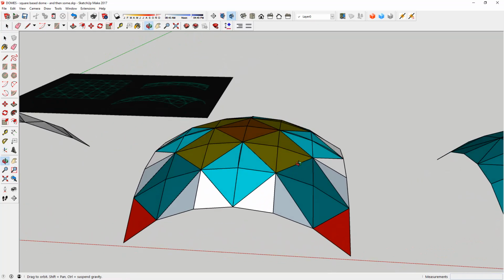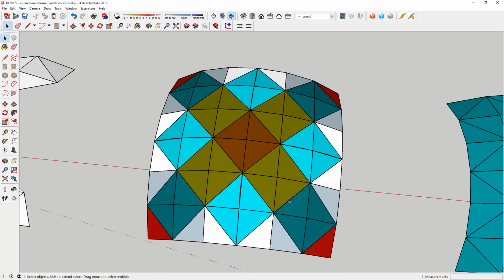I have coloured, just for simple visual effect, the different squares or the rectangles, because this rectangle here is much longer, of course, in this dimension than the square is here.